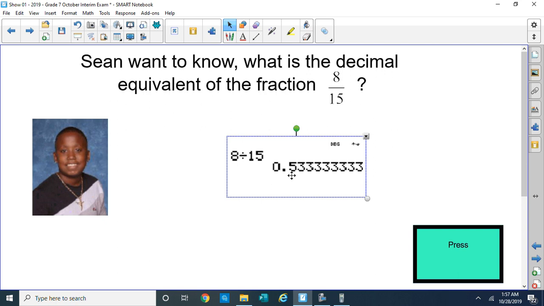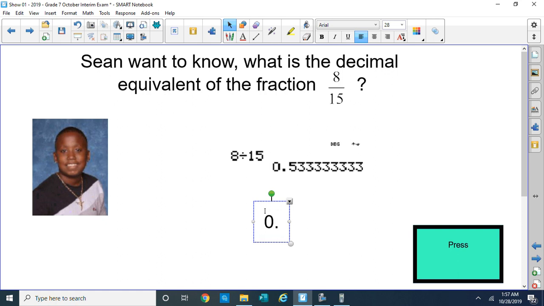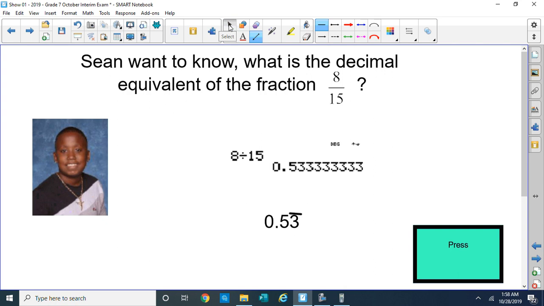However, you can put a line on top of the 3. So let's put that there, 0.5 with a bar over the 3, and that'll be another way of indicating that the 3 is repeating by itself. Any number that repeats would have a line on top of it.